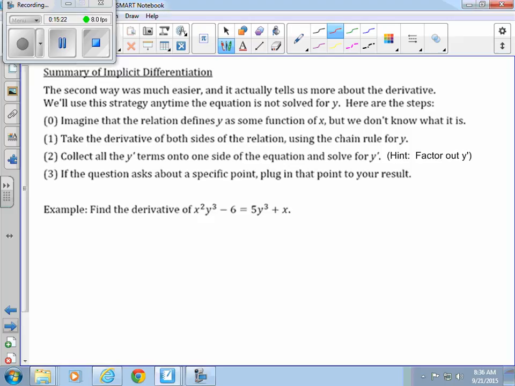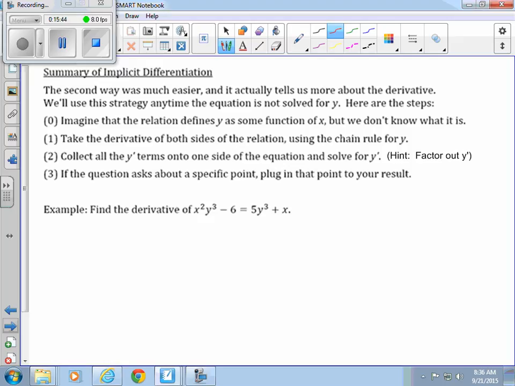Pick out any product rules before you start. Are there any product rules in this example? Where? X squared times y cubed, right? Just make a mental note of those in your brain when you're new at this before you start. Don't forget a product rule.